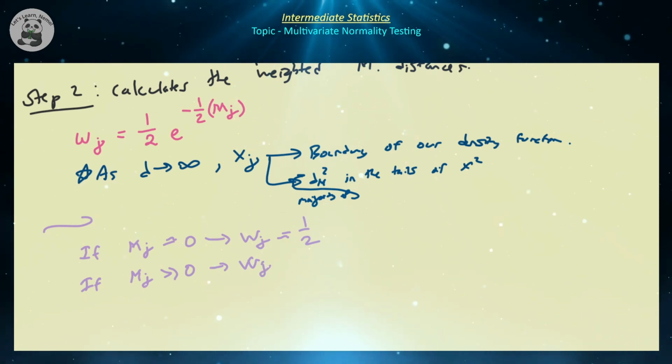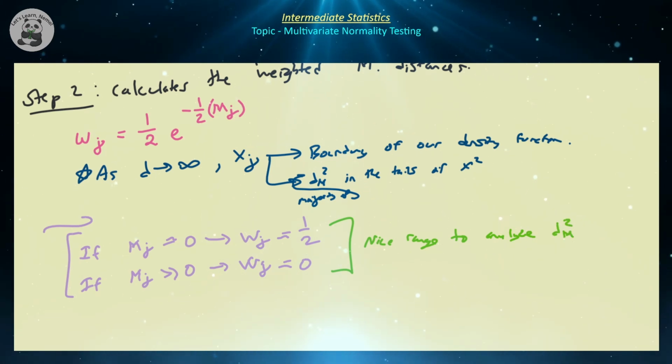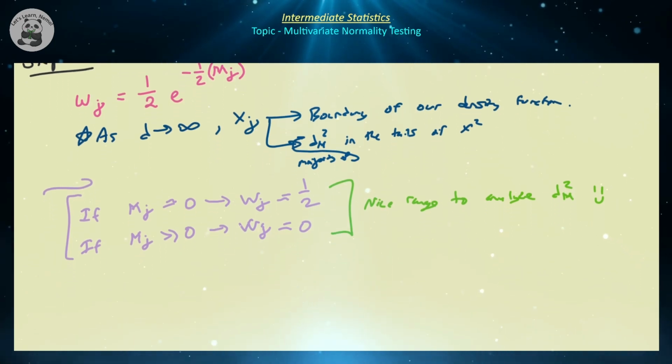As m goes to infinity, e to the minus infinity goes to 0, and 0 times 1/2 is 0. So we have everything from 0 to infinity accounted for here on the scale from 0 to 1/2. At least from the analytical side, this is a nice range to analyze our Mahalanobis distances in. That's one of the motivations, and there are also some asymptotic moment-generating function reasons why this is very useful.